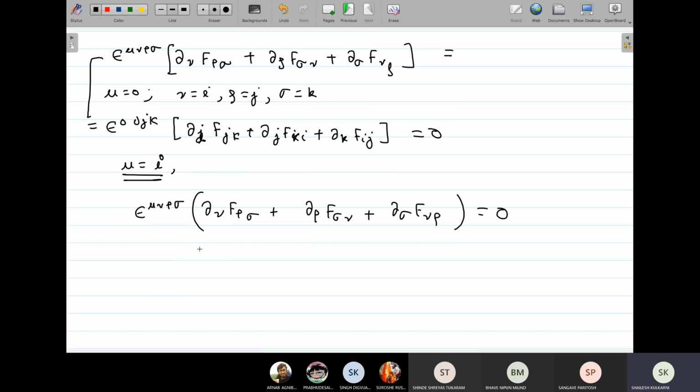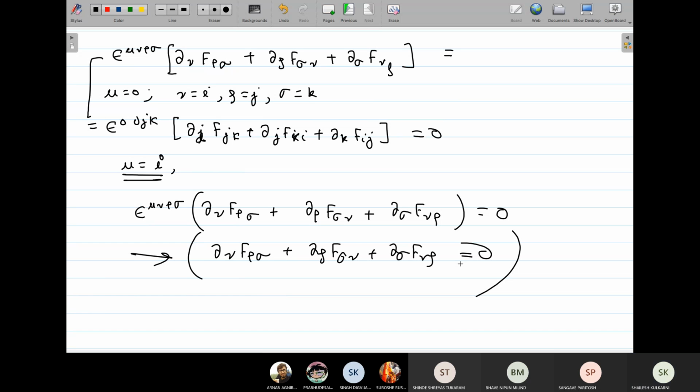So your two homogeneous equations actually mean this. They will not give any new information, but this is just the identity.